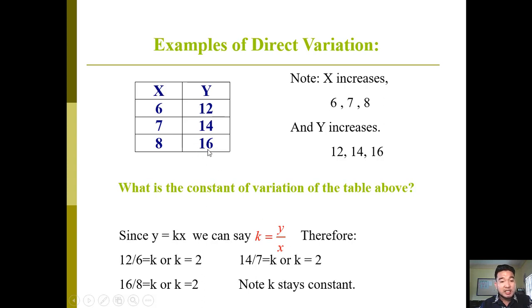Then the next one is 16 divided by 8, and 16 divided by 8 is equal to 2. So k is equal to 2. Kahit na ano yung mangyari, 2 pa rin yung ating constant of variation. Hindi siya nababago. That is always equal to 2.